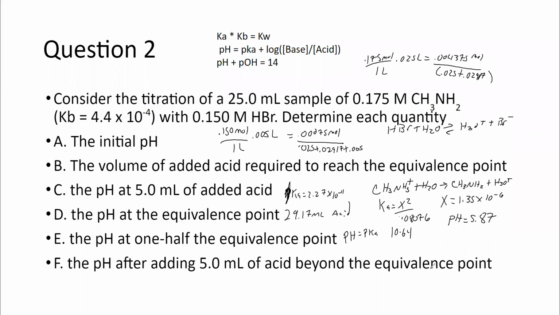So my concentration of acid at this point, let me do that. My concentration of acid is 0.0127 molar. And that's H3O+. So I can just take the minus log of that.